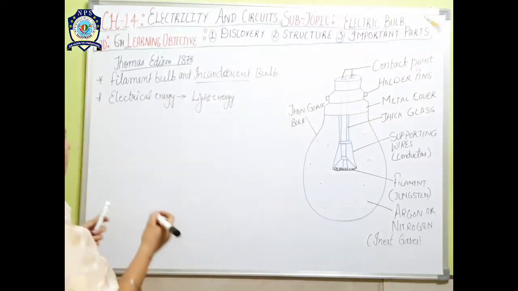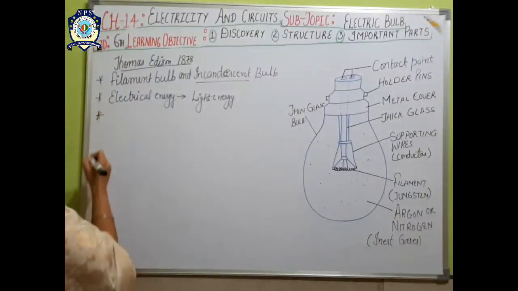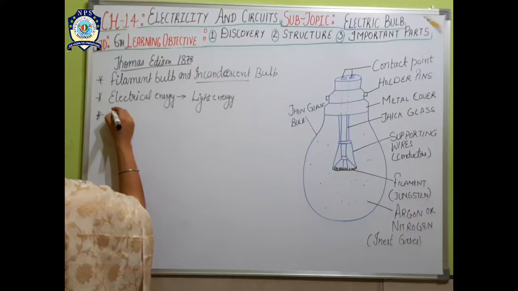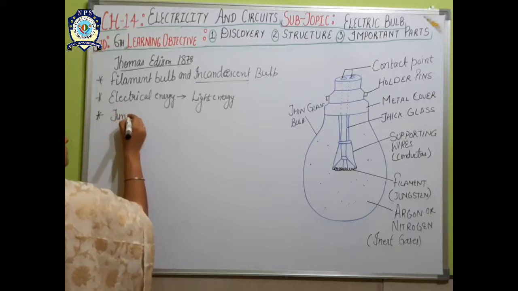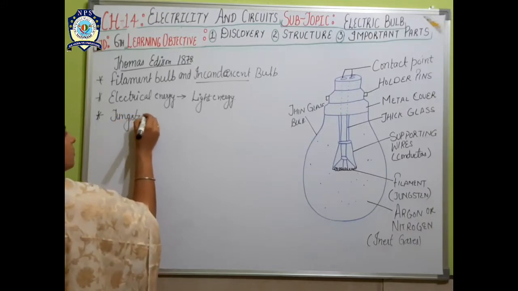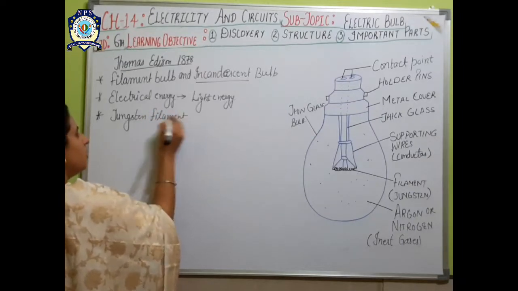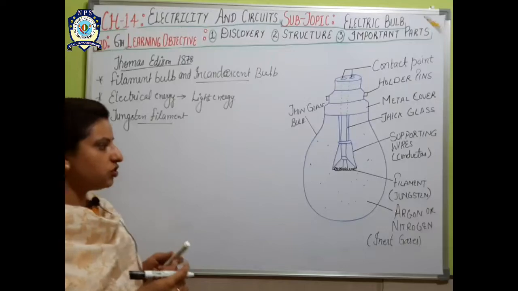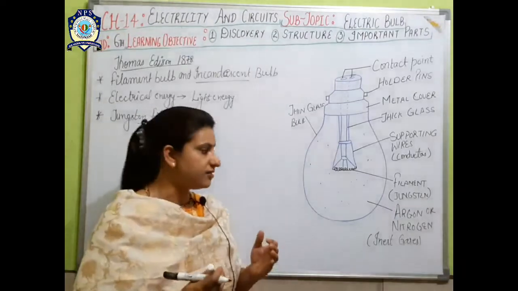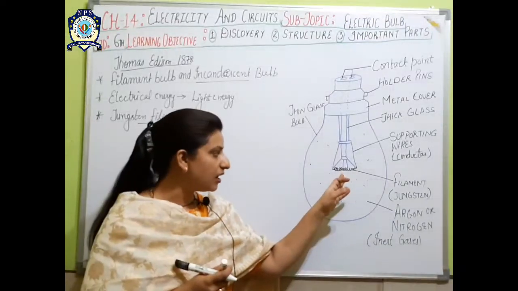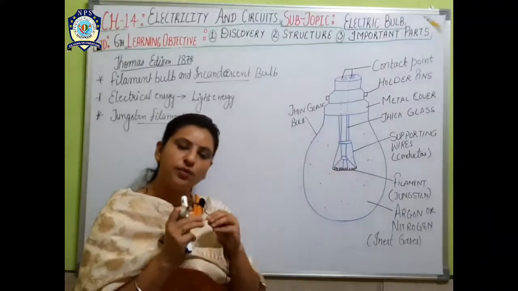The next main point is that the bulb has a special filament called the tungsten filament. Here the main question arises: why is the filament in this bulb in such a coiled position?